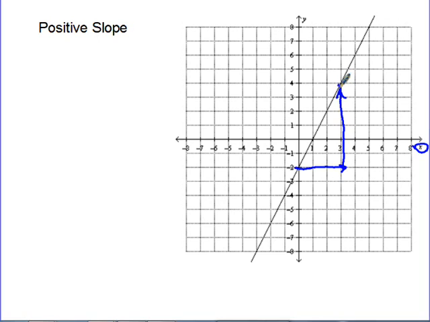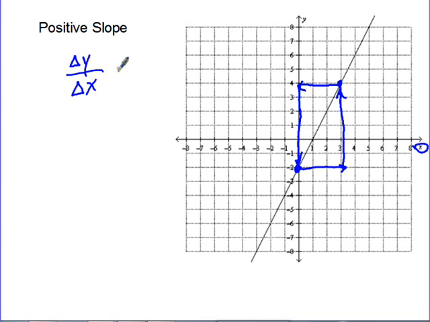Some people often have the question, well, what if x decreases and y decreases? Wouldn't that make it a negative slope? Well, keep in mind that the definition of slope is change in y over change in x.